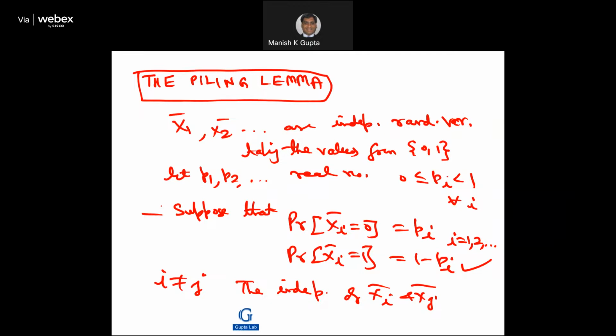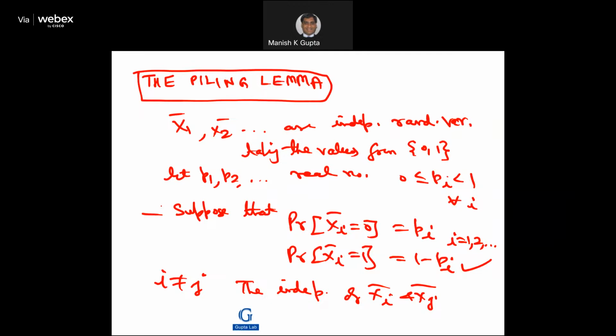Suppose the probability that xi bar is equal to 0 is pi, and xi bar is equal to 1 is 1 minus pi. And when i and j are not equal, we have the independence of xi bar and xj bar. This is an important fact.